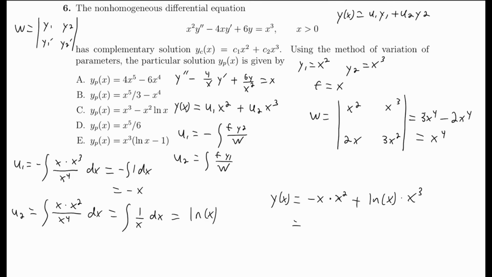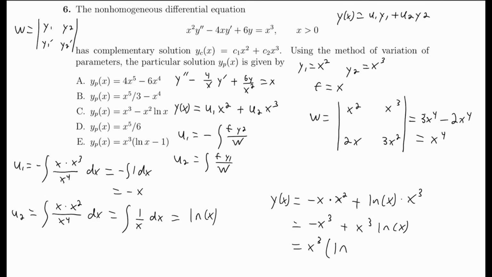This will get us negative x cubed plus x cubed ln x. Factor out an x cubed from there, and reorder the terms on the inside. We'll get x cubed times ln x minus 1, and that is yp of x, our particular solution. And that does indeed match answer choice E in the options.